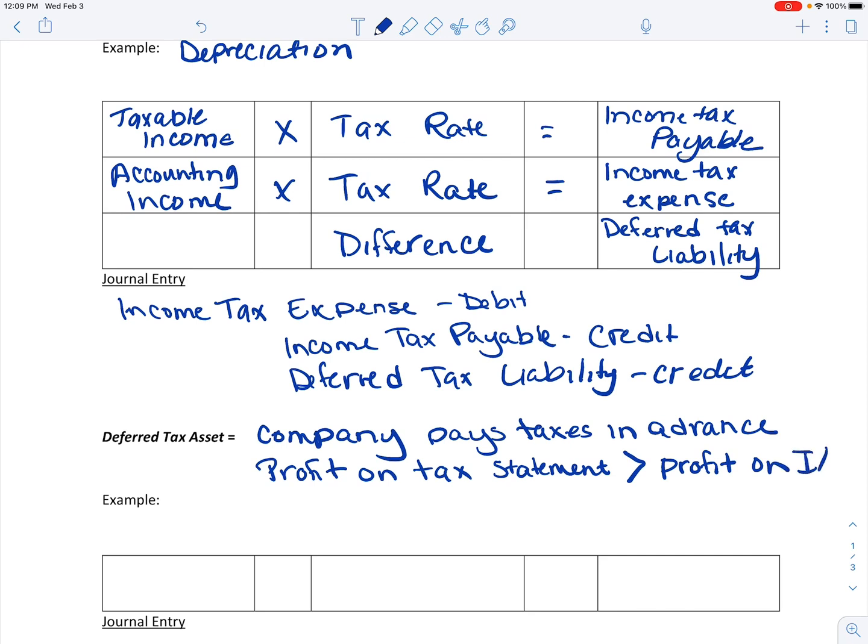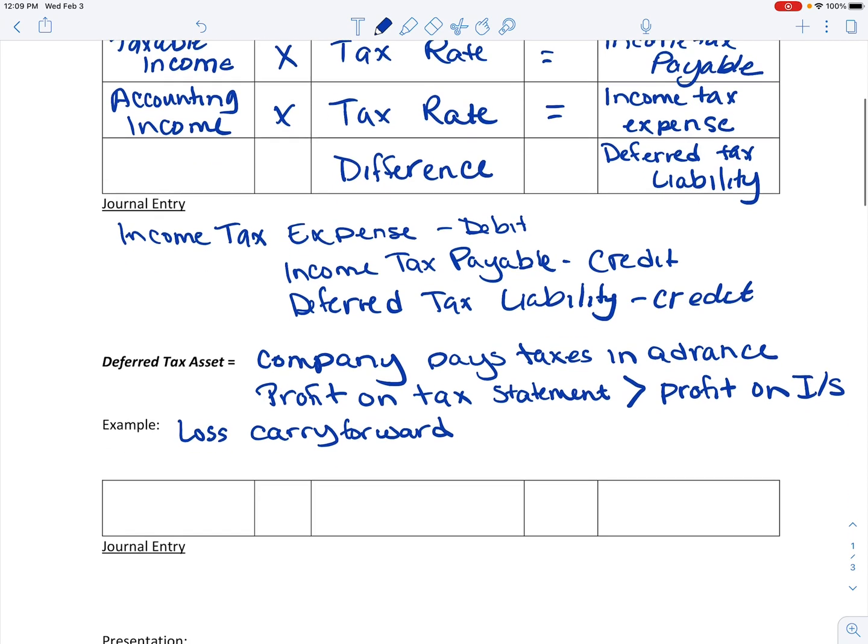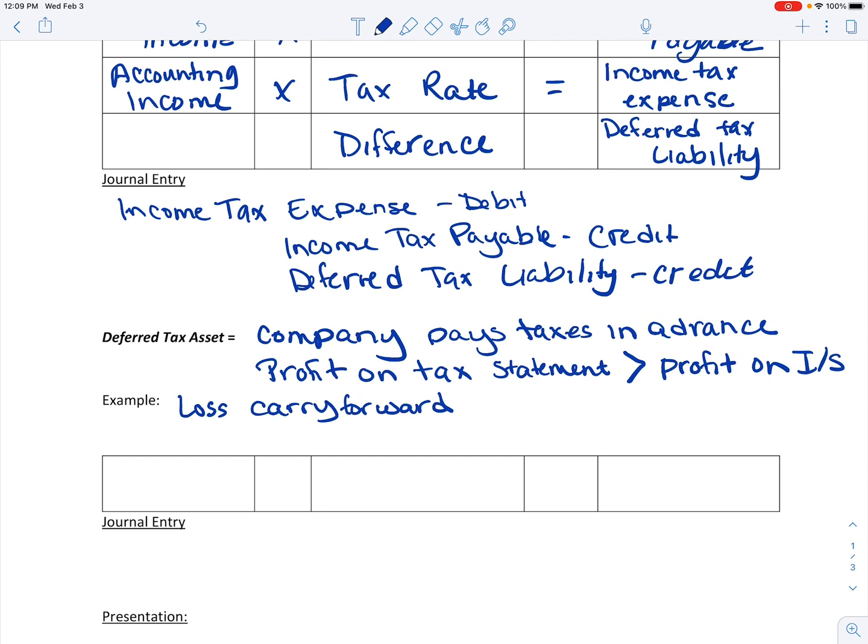And again, this does occur, it's normal. A good example of a deferred tax asset is when a company has a loss carry forward. This loss is a deferred tax asset because it's basically offsetting the profits in future years, therefore creating an asset.